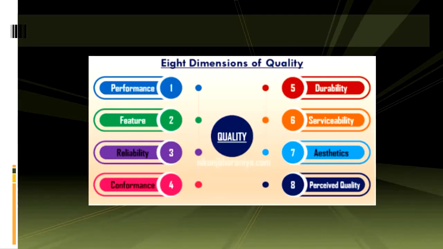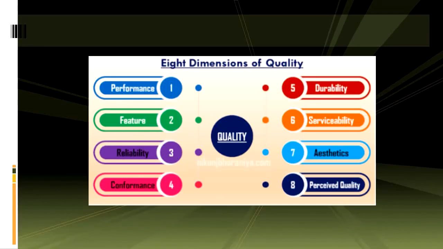To sum it up, we have discussed performance, features, durability, conformance, serviceability, reliability of the product, then aesthetics of the product, and finally the perceived quality. I do not know which one you like most, because all the dimensions of quality are equally important. It depends upon the situation, how a customer looks at it or decides.